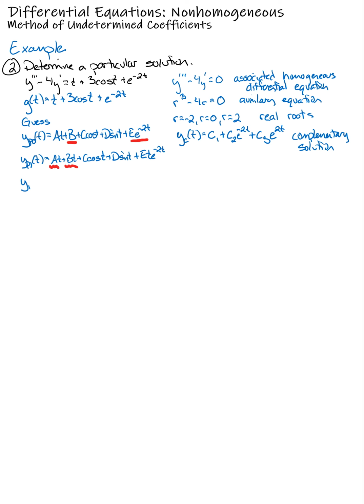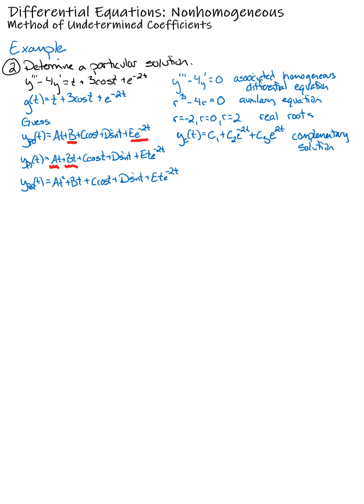I'll call this y sub p2, and just simply multiply one of them by a t as well. So I have a t squared plus b t plus c cosine t plus d sine t plus E t e to the negative 2t, making sure you're using uppercase E there for the coefficient.